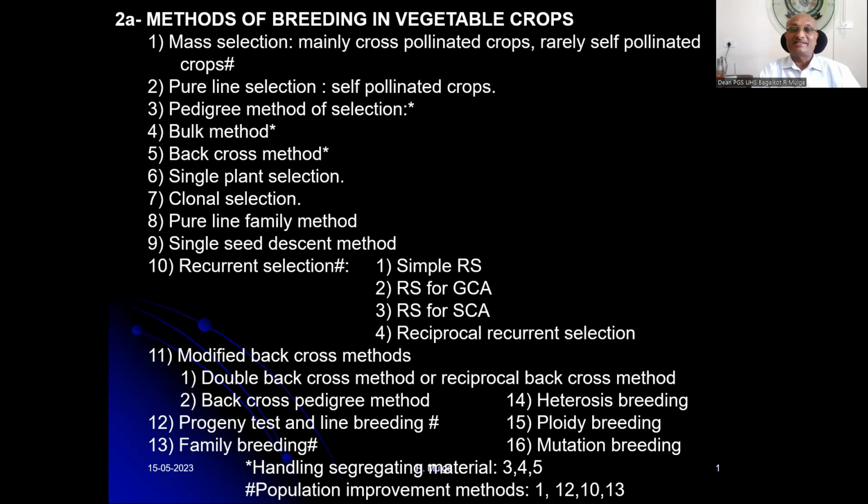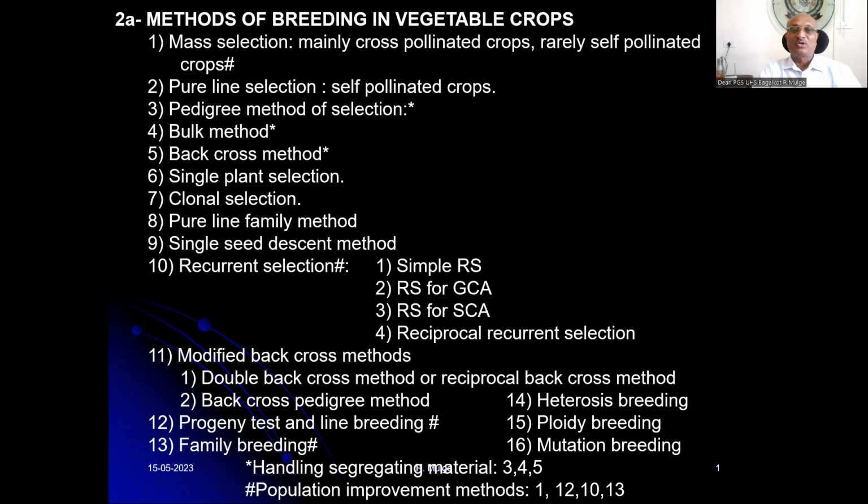Again in recurrent selection, you have four different schemes like simple recurrent selection, recurrent selection for general combining ability, recurrent selection for specific combining ability, and reciprocal recurrent selection. So this is well suited for cross-pollinated crops. It doesn't mean that it's only for cross-pollinated. You can do it in self-pollinated crops also with some specific objective.